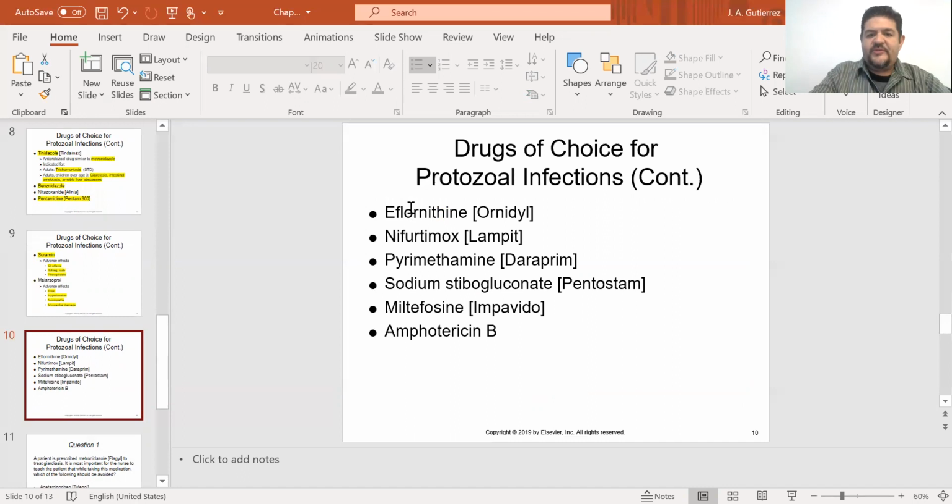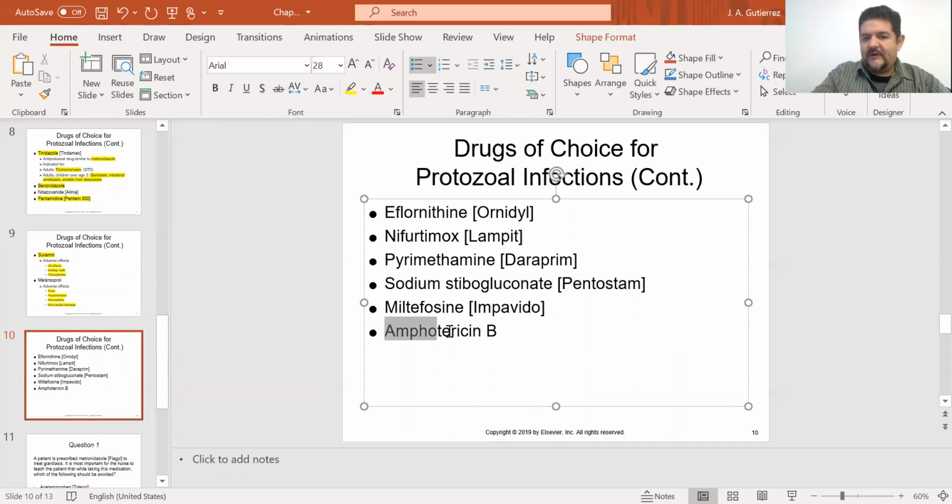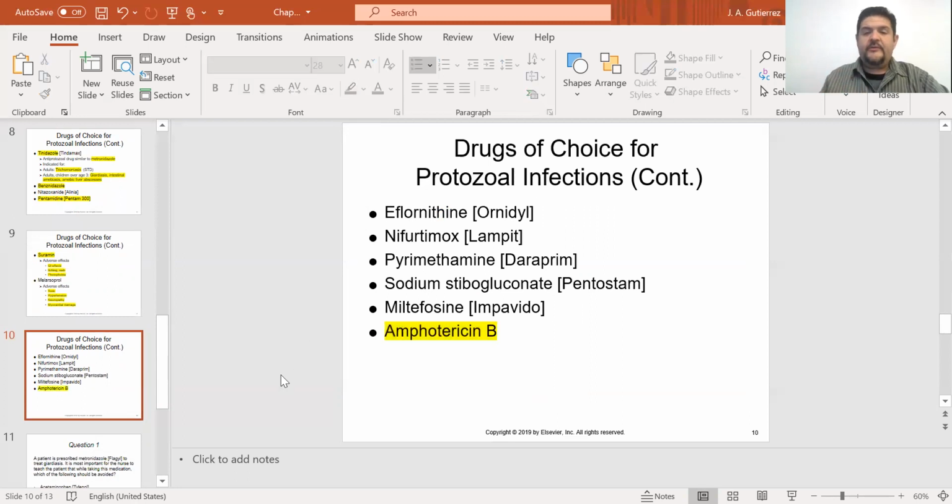Here we have more options regarding drugs that we can use to treat peripheral infections, but the only one I want to highlight right now is amphotericin B, and this is only used for infections with severe impact on the body. Let's say the amoeba is an intestinal infection that, when it's not treated right or the patient ignores the symptoms, the amoeba can break the tissue of the intestine and travel to the liver.